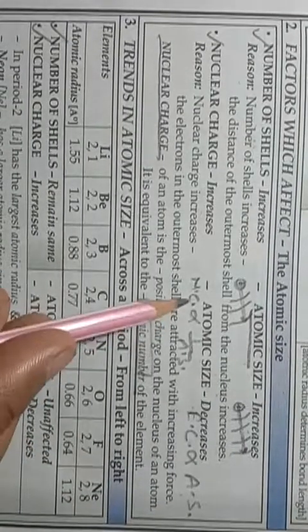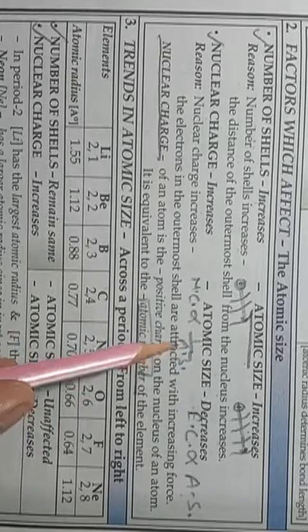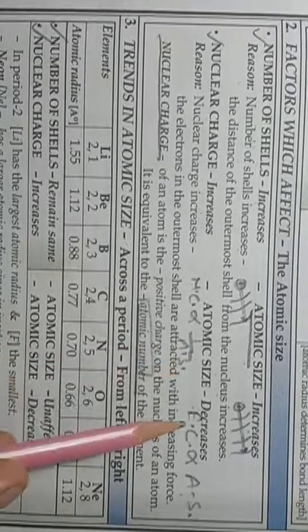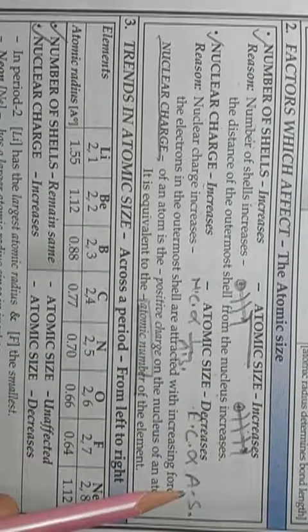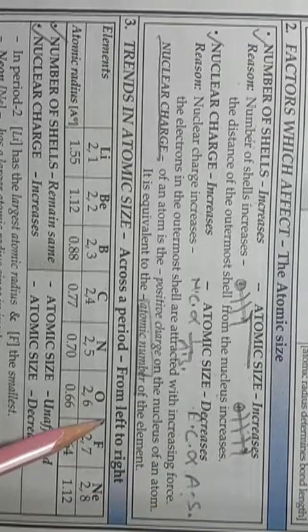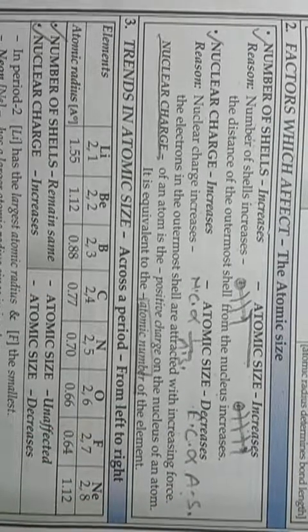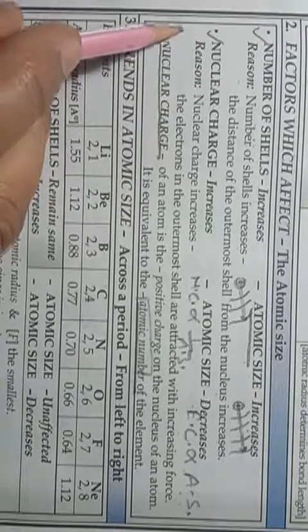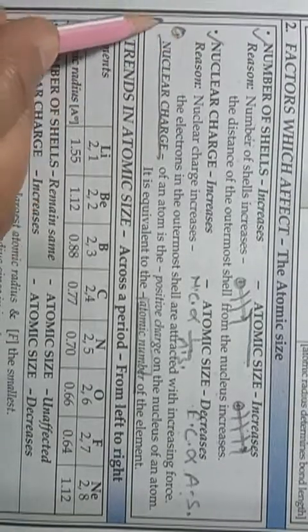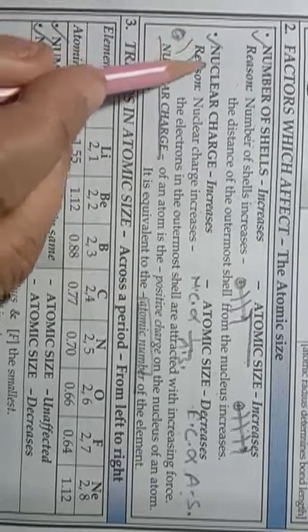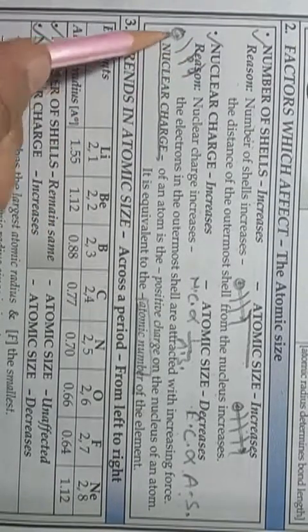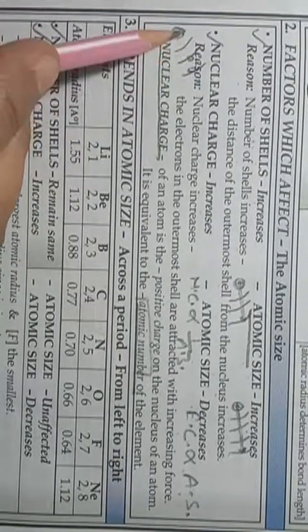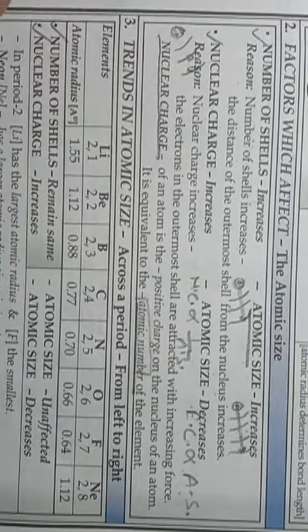So nuclear charge is inversely proportional to atomic size or atomic radius, whereas electronic charge is directly proportional to atomic size or atomic radius. Okay children, so as you know that in any neutral atom, nucleus and the electrons which are present in the shells are having constant interparticle attraction.